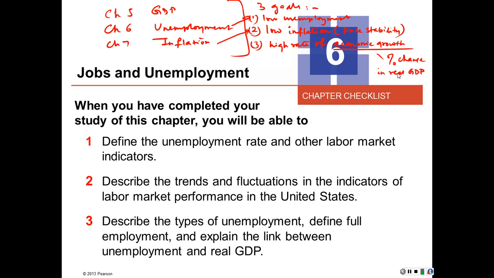So in order to understand growth, we need to know exactly what GDP is. Right? So these chapters, which all deal with definitions, all relate to these three macroeconomic goals. Okay? So now, in this chapter, we will study the meaning of unemployment, given the important macroeconomic goal of low unemployment. Okay?